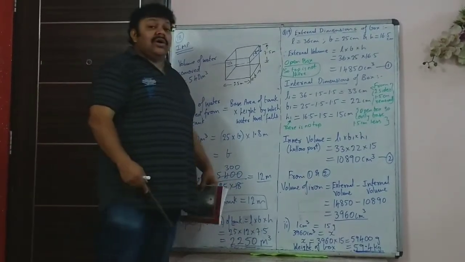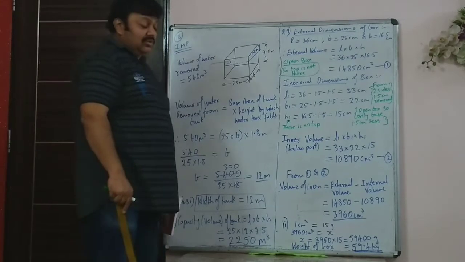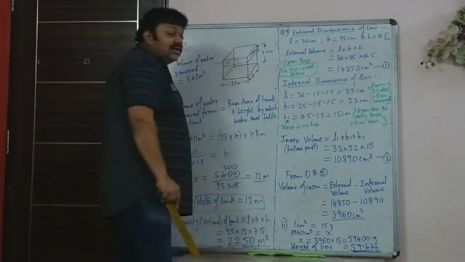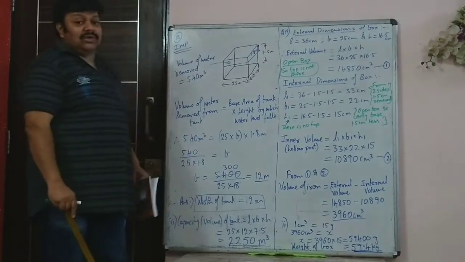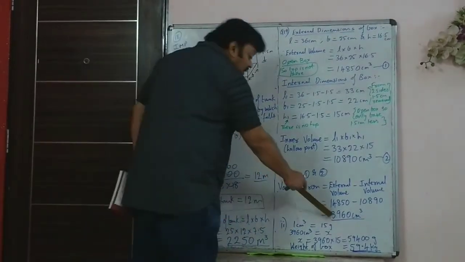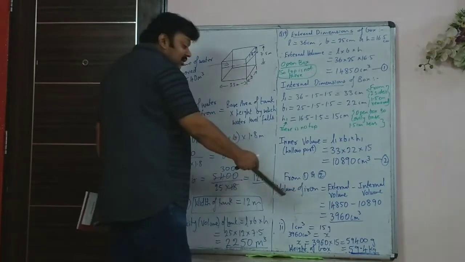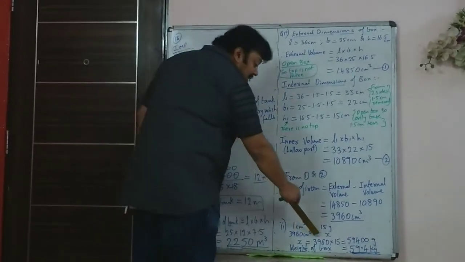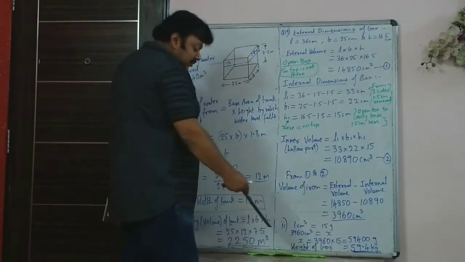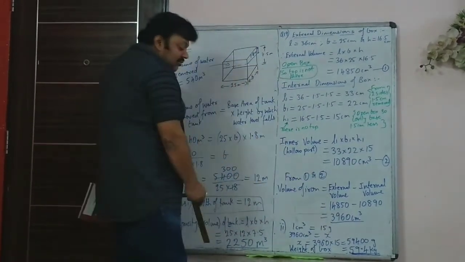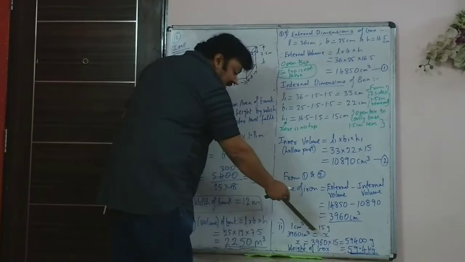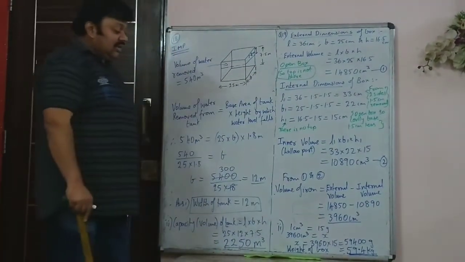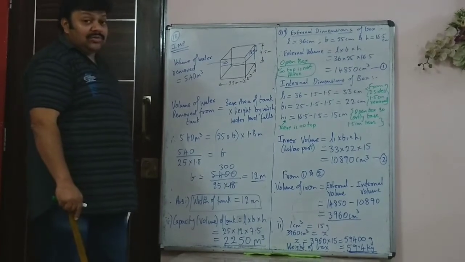Now they have also asked you to find the weight of the empty box. It is given that 1 centimeter cube of iron weighs 15 gram. So therefore, this much is the actual iron which is there in the box. 3960 centimeter cube will weigh X. When you do cross multiplication, the unitary method, you get X as 3960 into 15, which is 59,400 grams.